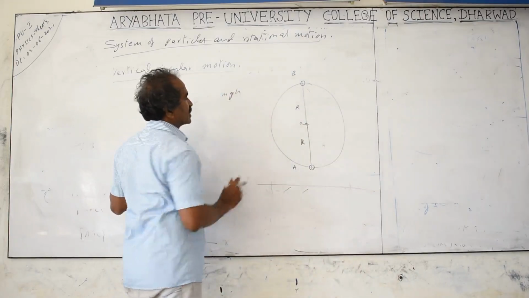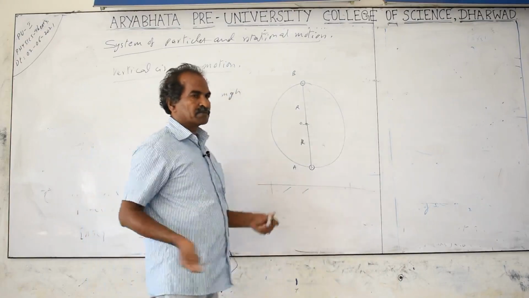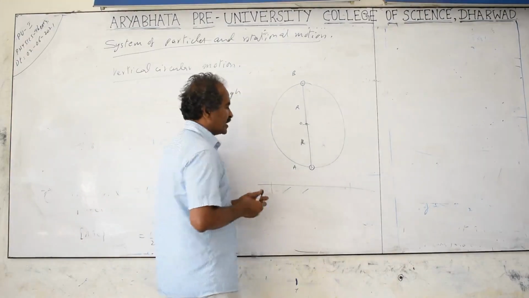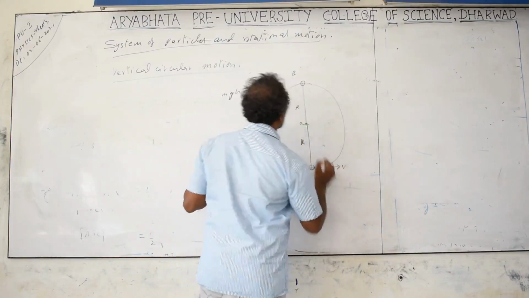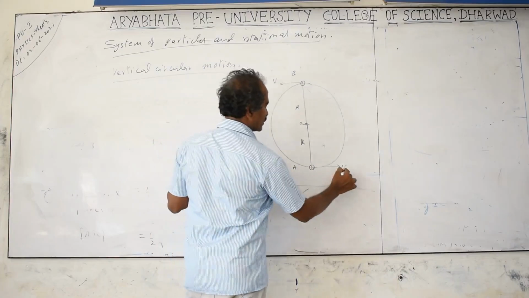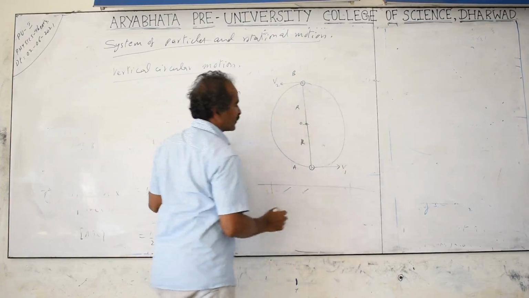In this there are two cases: constant speed and non-constant speed. Generally what we discuss is non-constant speed, where as it goes upwards the speed decreases compared to the bottom point. At any point the direction of velocity is along the tangent. At the bottommost point the velocity is v1, and at the topmost point I will take it as v2.